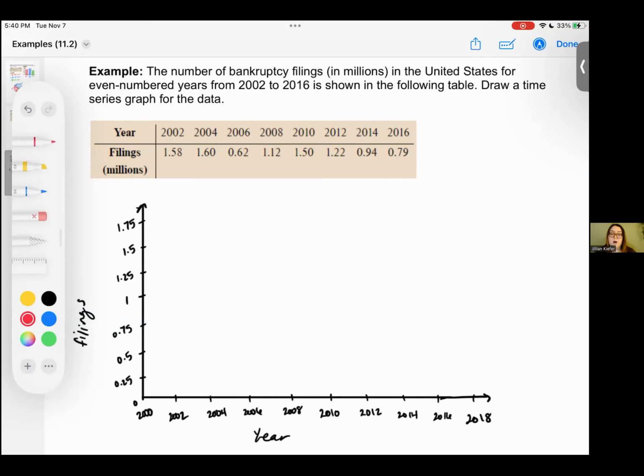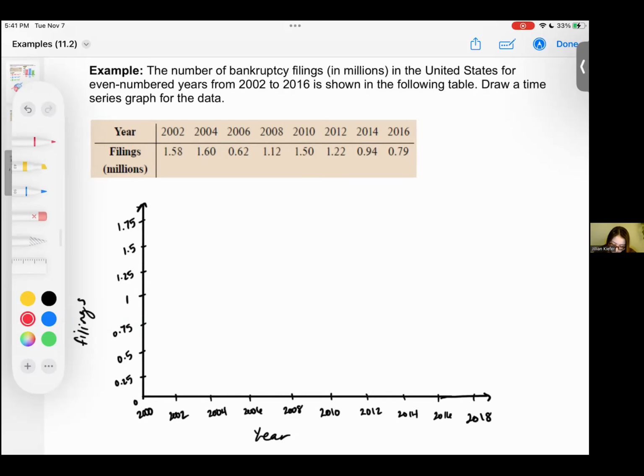So now we want to plot our points. In 2002, we have 1.58, so just a little bit more than 1.5. So 2002, maybe it's going to be right around here. And then 2004, we have 1.6, so it's going to be very close, but just a hair more.